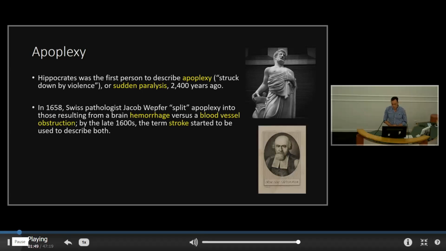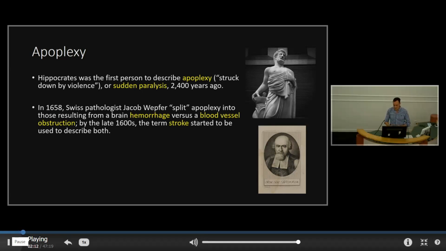It was only just over 3 centuries ago that a Swiss pathologist named Jacob Wepfer split the definition of apoplexy into two things. He said some of these apoplexies result from a brain hemorrhage, and some of them result from an obstruction of a blood vessel in the brain. So he was differentiating between hemorrhagic and ischemic stroke, essentially.